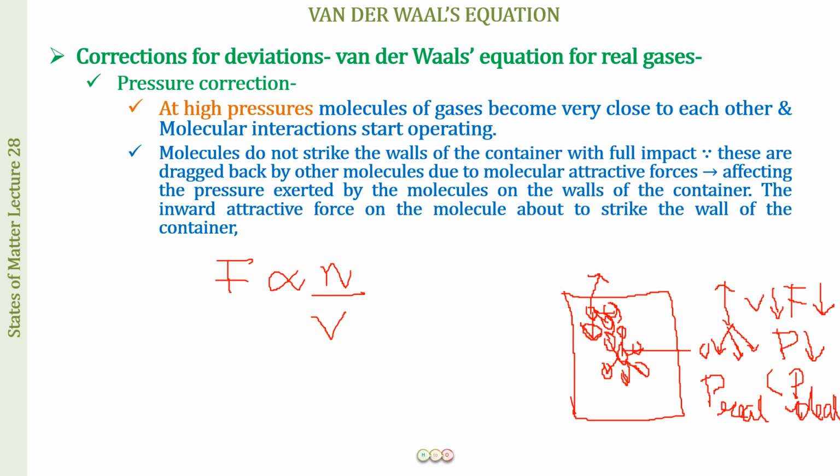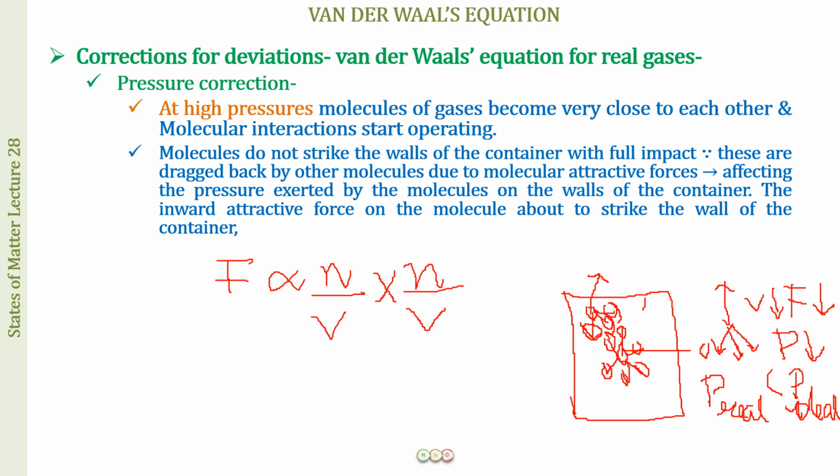Also, what we can say is that the number of molecules striking the wall of the container at any instant is also going to be proportional to this number of moles, right? So, the number of collisions is going to be directly proportional to n by V. So again, this is going to be responsible for the inward attractive force.